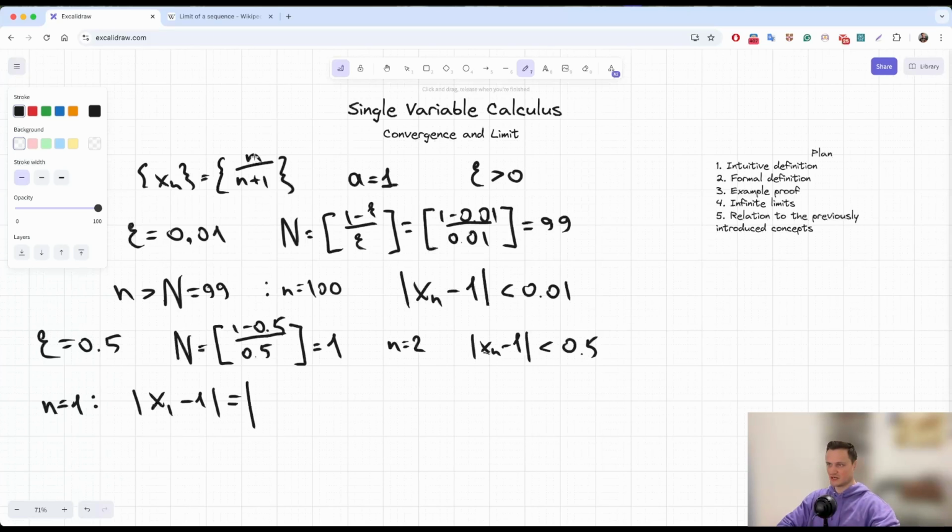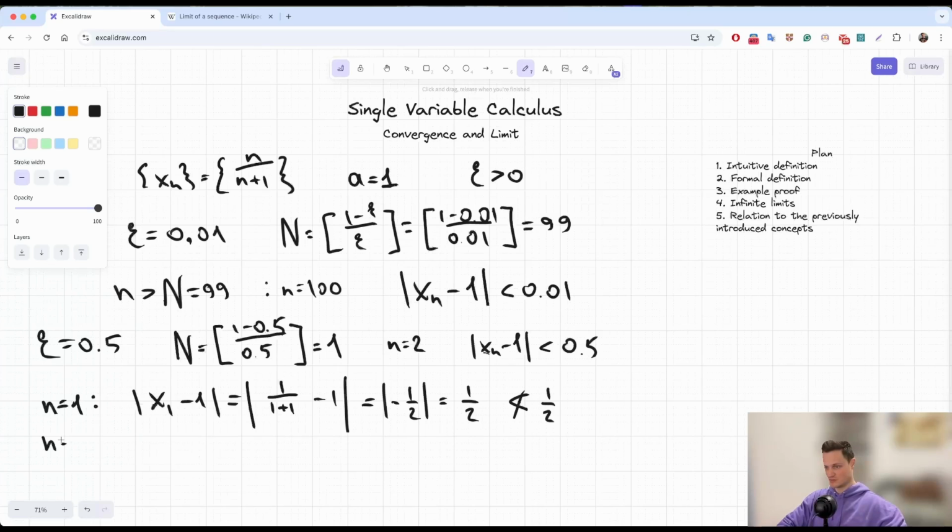The sequence is n divided by n plus 1, so it will be 1 divided by 1 plus 1 minus 1. So it is 1/2 minus 1, it is minus 1/2, and the absolute value is 1/2. And this is not less than epsilon of 1/2. So this is our epsilon, so this doesn't hold.